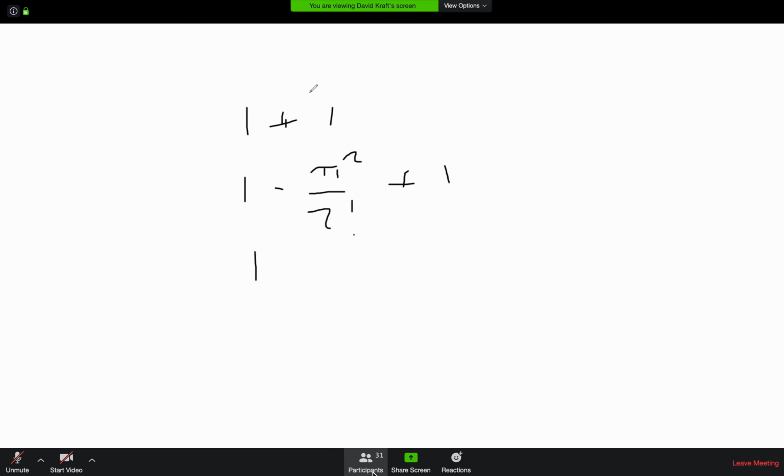Then I would have to do that, and see what that was, and then I would have to put the minus pi to the 6 over 6 factorial, and so on, until I got it.